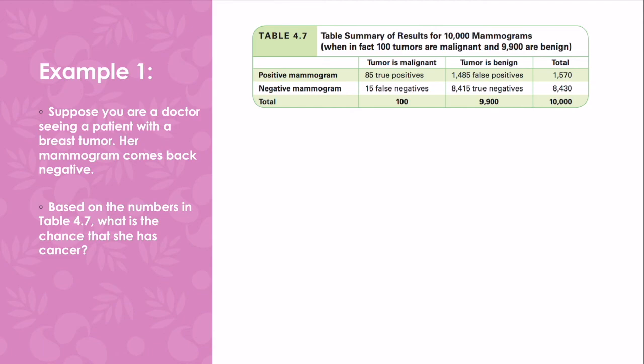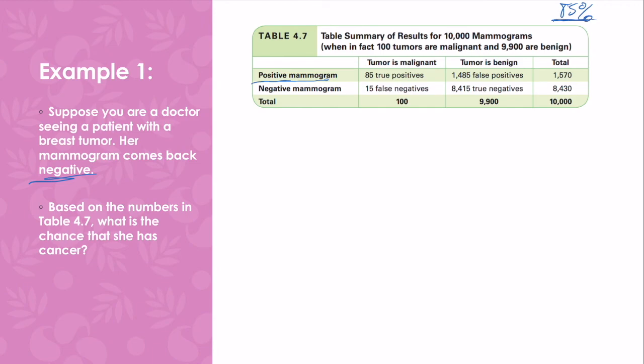So mammogram screening is 85% accurate, meaning it accurately identifies those who have tumors. But my patient's really nervous, and even though her test came back negative, she wants to know what's the chance that she could still have cancer.